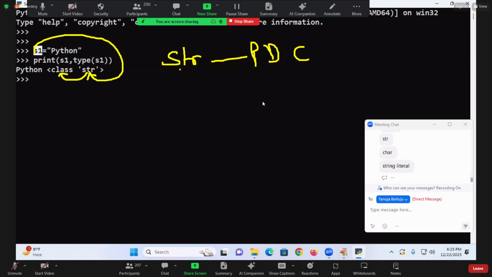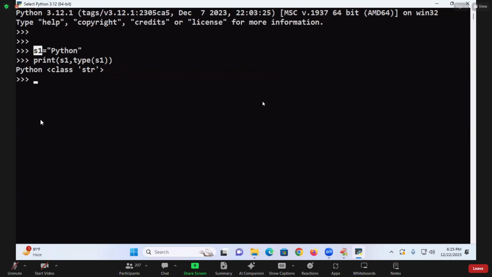Don't answer with your old knowledge. You ask any layman outside, they will say string. You also will say string only when I don't explain this. What is str? A predefined class, used for what purpose? To store the data either in single quotes or in double quotes.